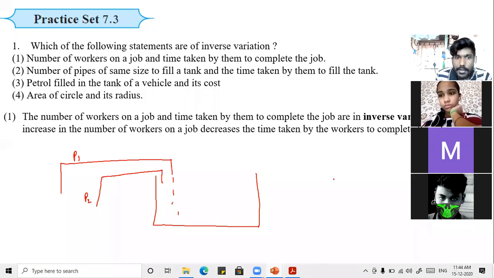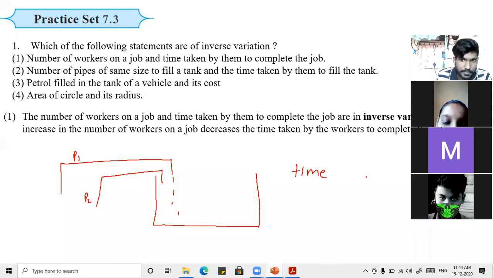Now, how much time will it take for pipe 1 to fill the tank? Just keep this question in mind, the time that pipe 1 will take. Now, if you make pipe 2 also on, how much time will the tank take?